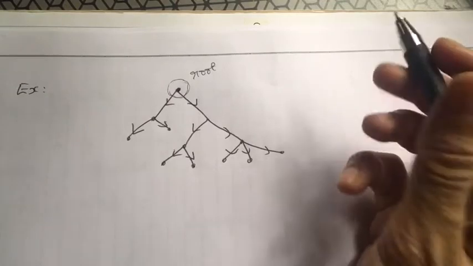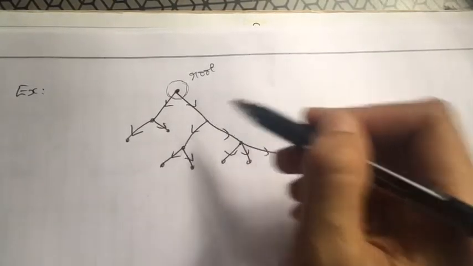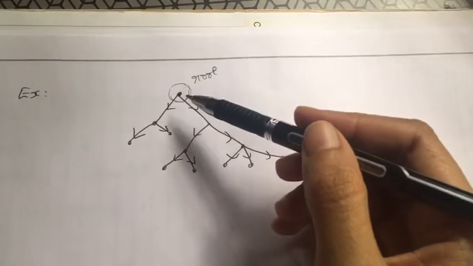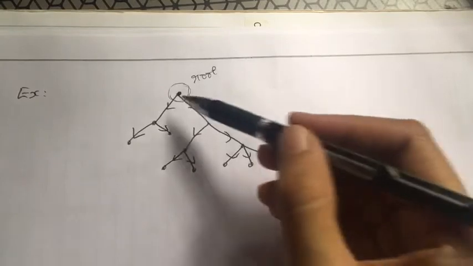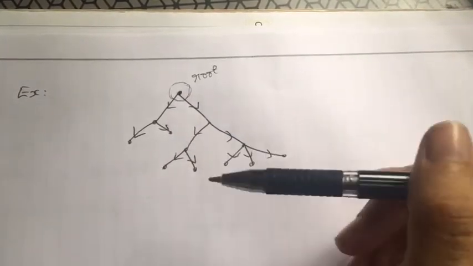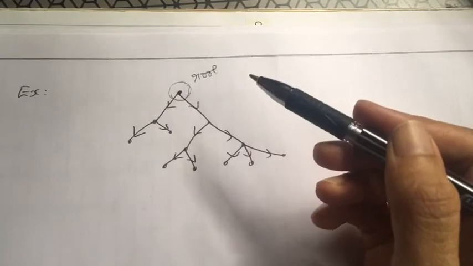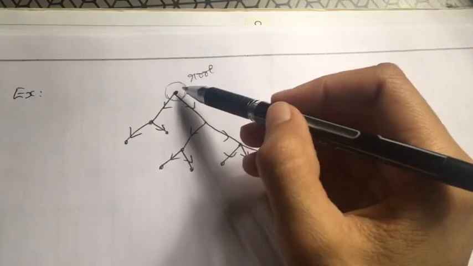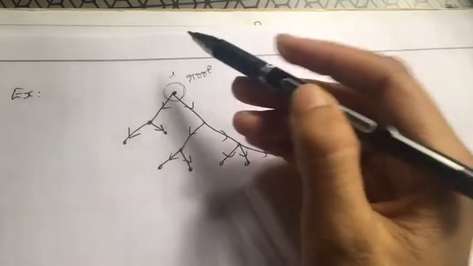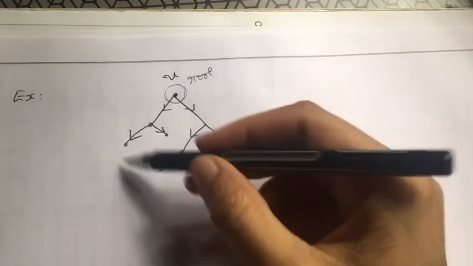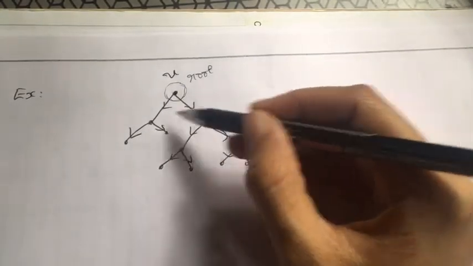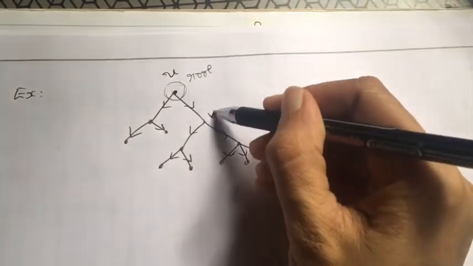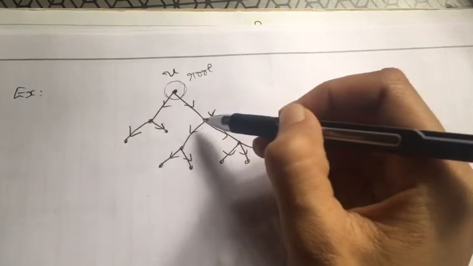Okay, so when we define it as an arborescence, a directed graph without any circuits and with exactly one vertex of in degree 0, we can even define it as a digraph in which for a vertex called root, say if I call it u, then for any other vertex v, there is exactly one directed path from u to v.